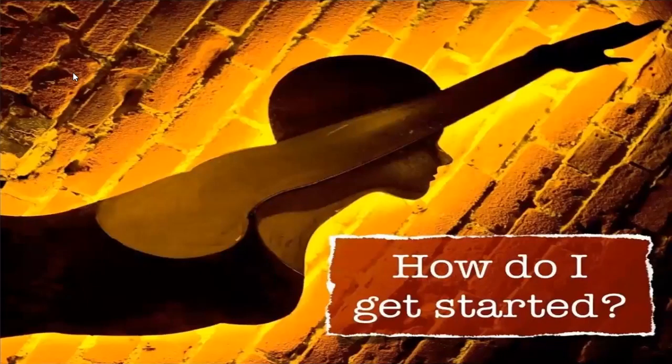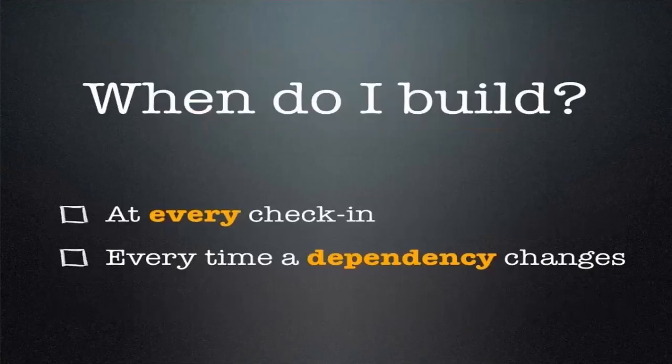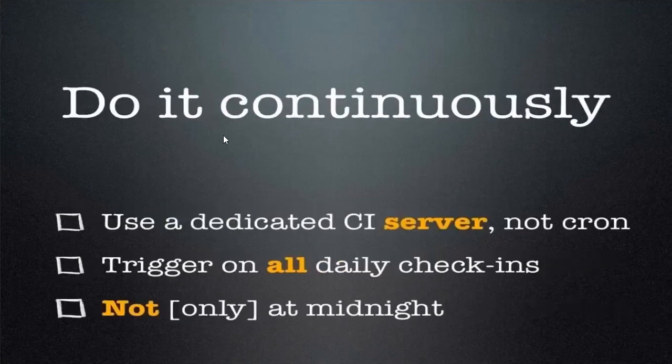Come down, so we will start. When do I build? Whenever I fix and commit, if I'm a developer and I committed, start the build. Every time there is a dependency change, start the build and do it continuously. This is what CI/CD is: continuous integration, continuous deployment, continuous delivery, right?